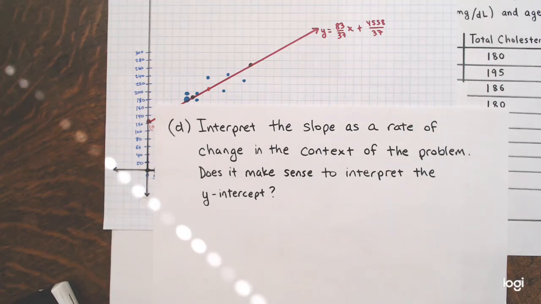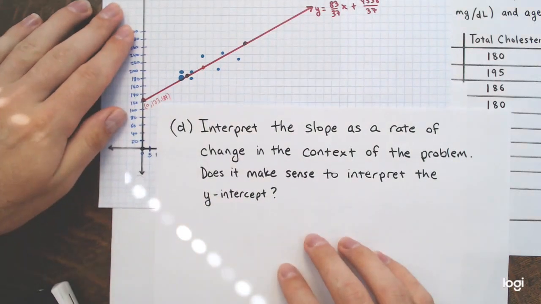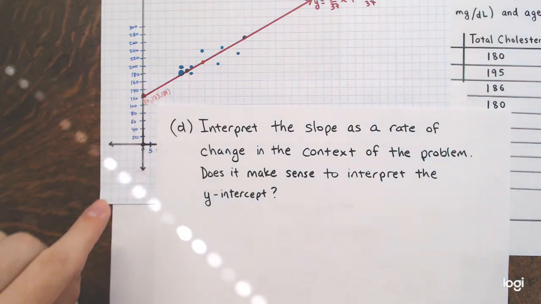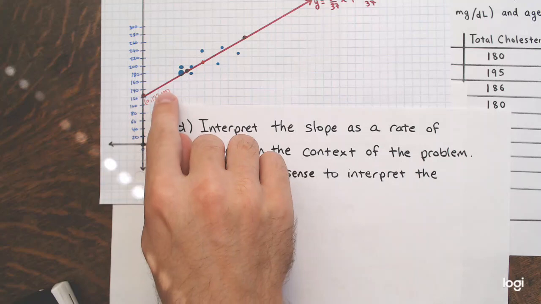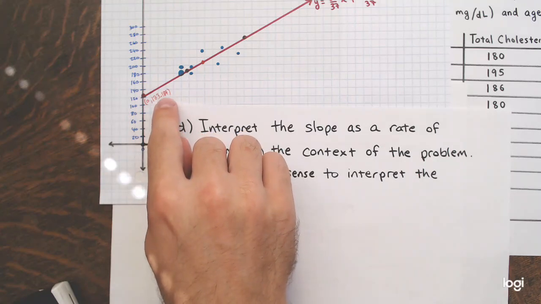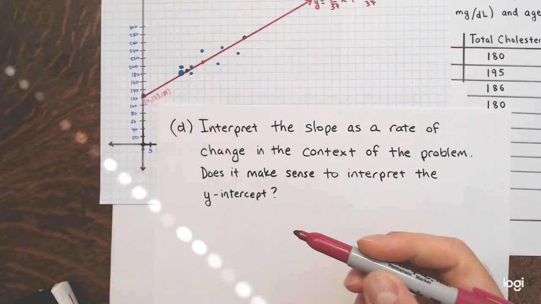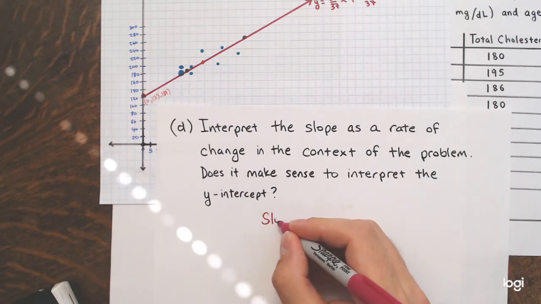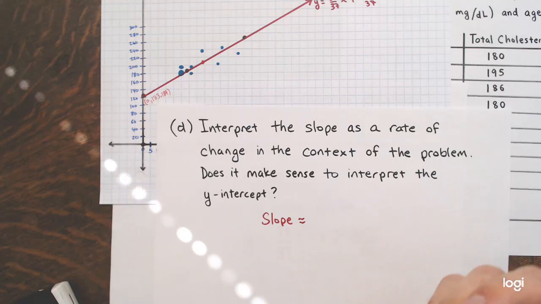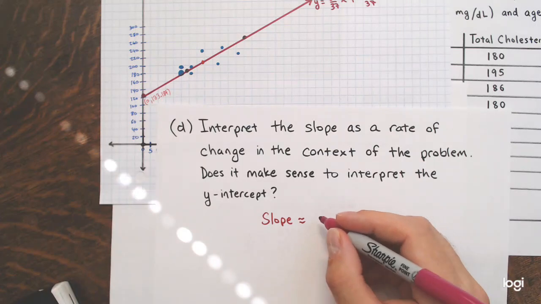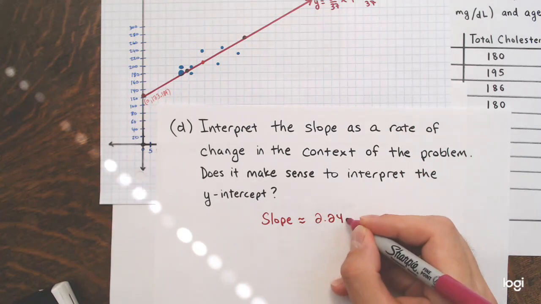And also, does it make sense to interpret the y-intercept, this point here, 0, 123.189, or 4,558 over 37? I mentioned earlier the slope, I'll use the approximation this time, is approximately 2.243.